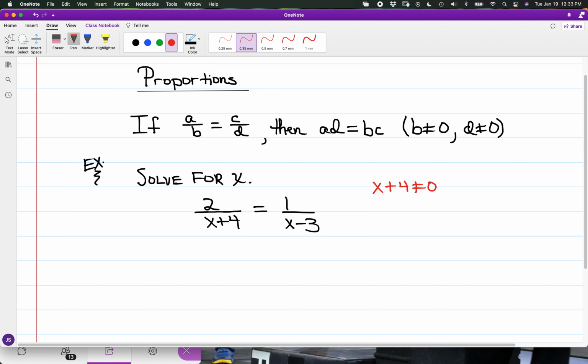So x plus 4 cannot be 0, and x cannot be negative 4. Also x minus 3 cannot be 0, so x cannot be equal to 3. To restate, x cannot be negative 4, and x cannot be equal to 3.